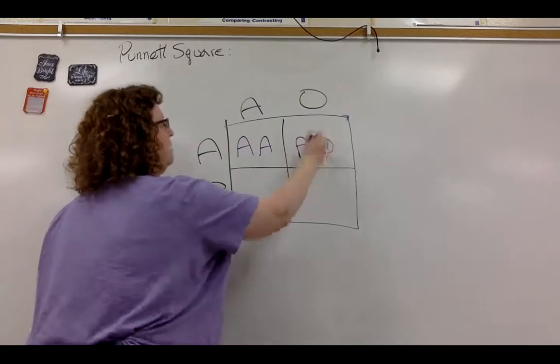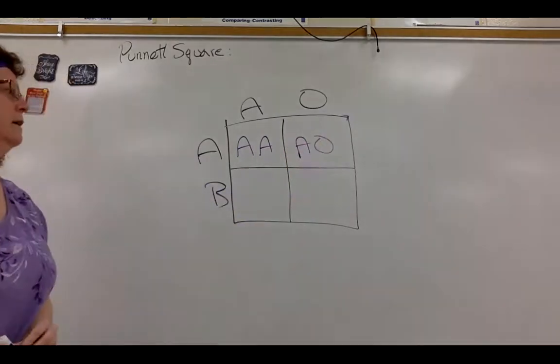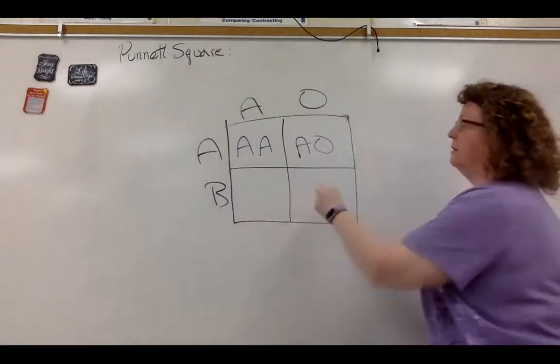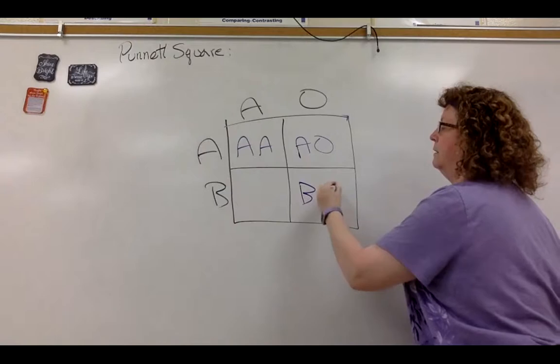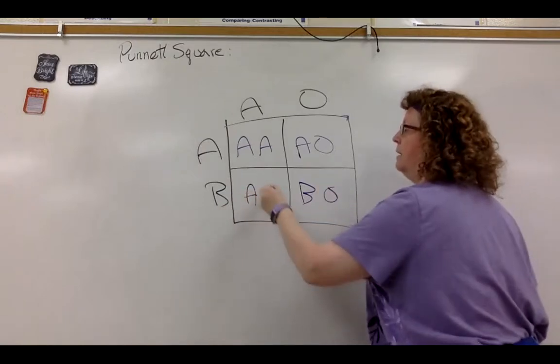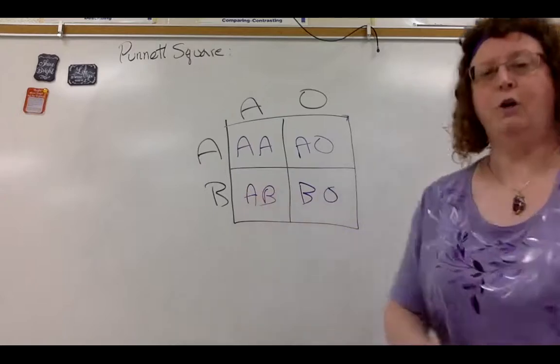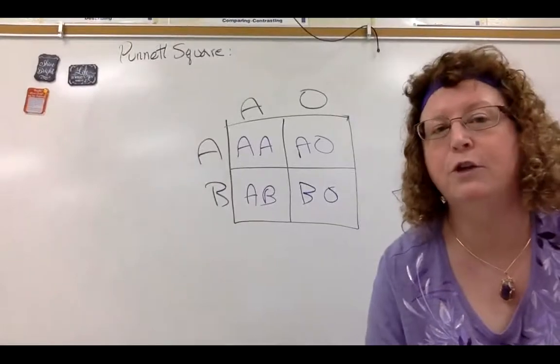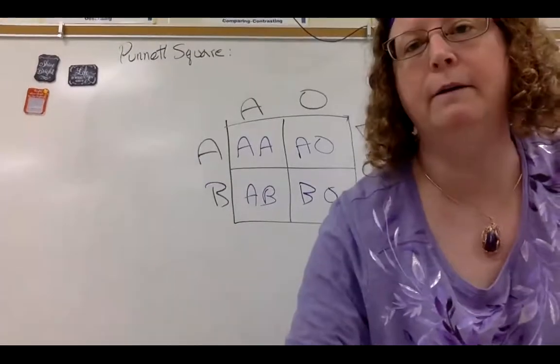And A comes before O in the alphabet. All right, so what is this one right here? And what is this one right here? AB.